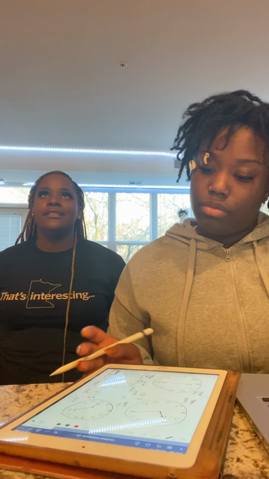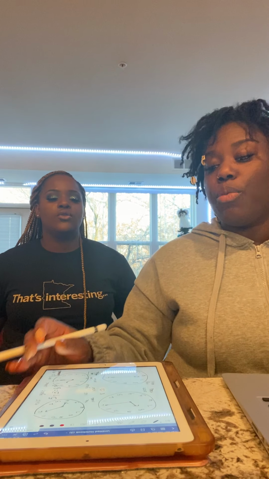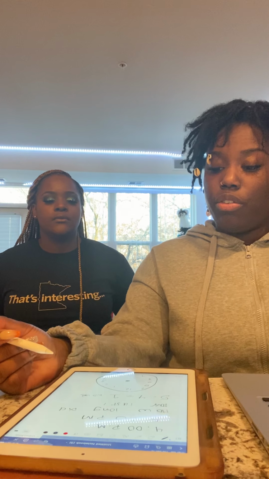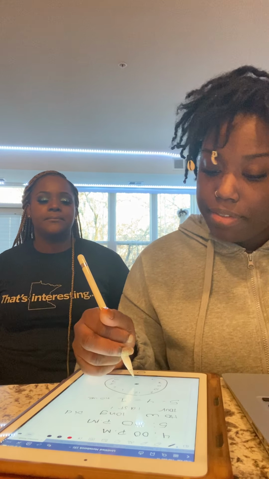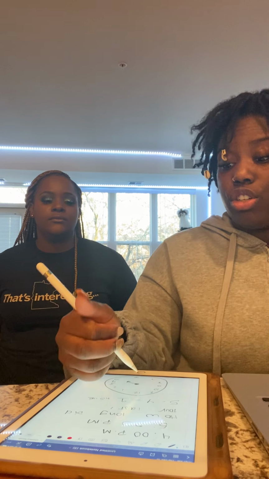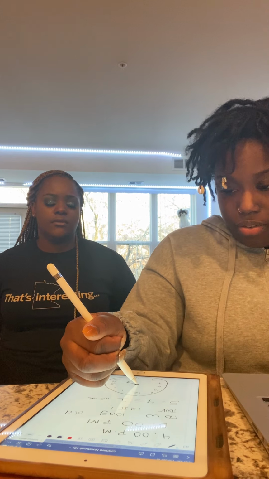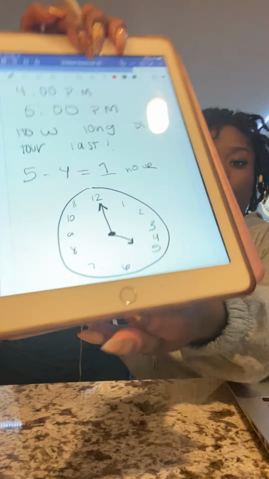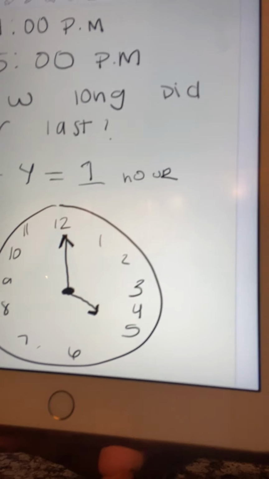The long hand is minutes, so, I'm sorry, where would, let's do the shorthand first. The shorthand will be on the what? The 5. And you said the long hand will be on the 12. On the 12. Yes, that's 0. So 5 o'clock will be written as that.